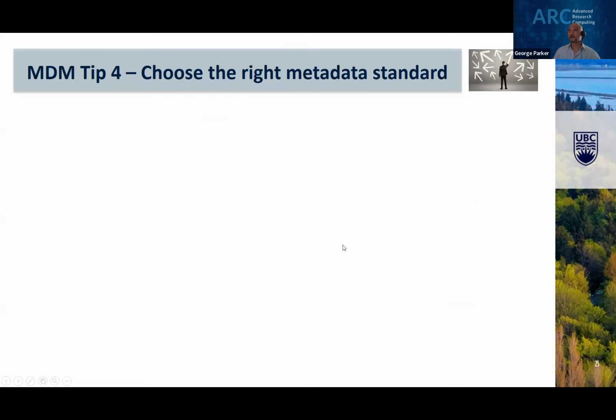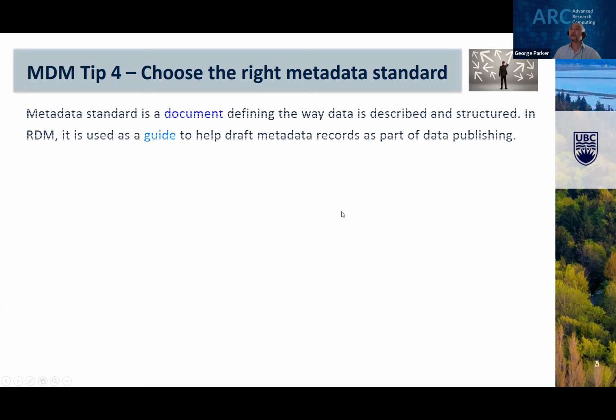Okay, tip number 4, choose the right metadata standard. What is a metadata standard? A metadata standard is a document that standardizes the way data is described and structured. In research data management, people use that as a guide document to help draft metadata records or metadata files as part of the data publishing process.